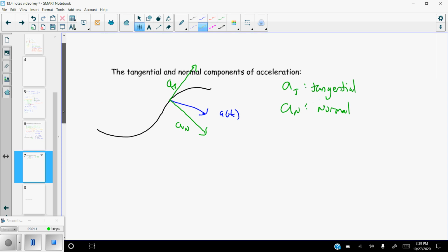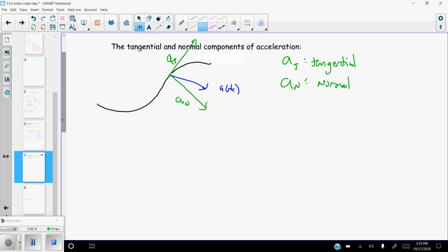All right, so in order to do these proofs, in order to show you where these formulas are going to come from, we're definitely going to need to remember some formulas that we've used in the past. One of those is our unit tangent vector formula, which is r prime of t divided by magnitude r prime of t. We're also going to have to remember one of our curvature formulas.